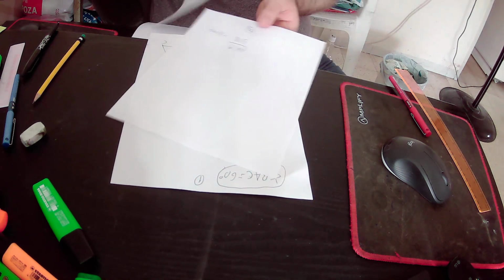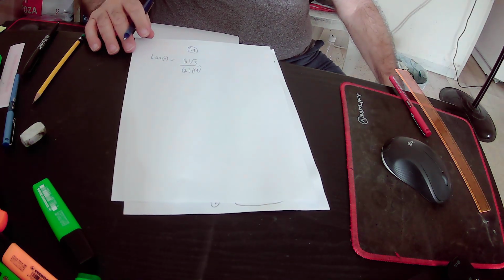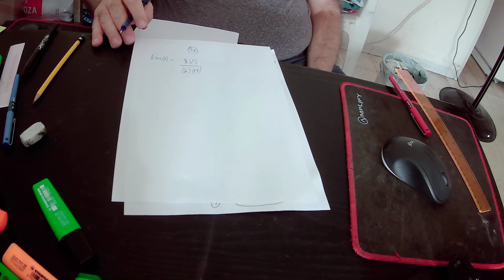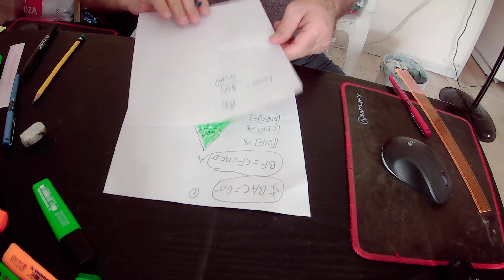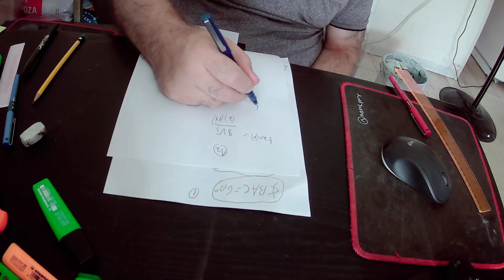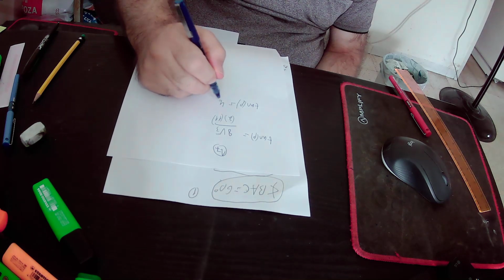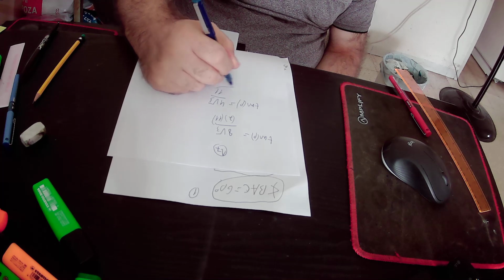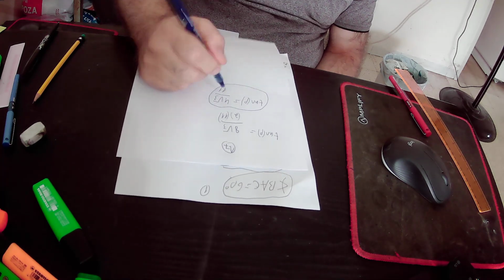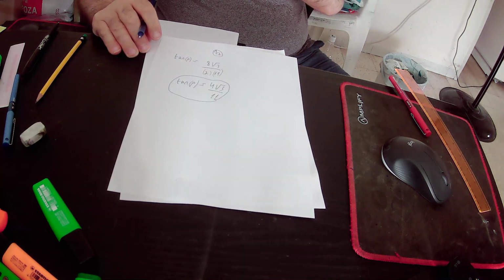Eight over 2 is 4, so I write it down: tangent p equals 4 times root 3 over 11. So we found the value of tangent p. Tangent p equals 4 times root 3 over 11.